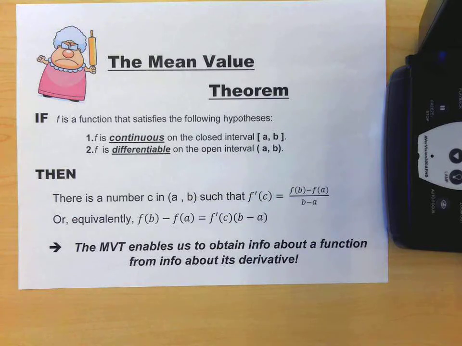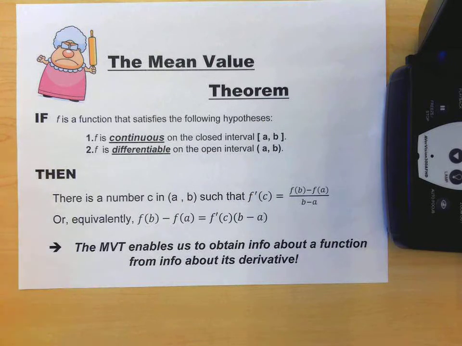The hypothesis is if f is a function that is continuous on the closed interval [a, b] and differentiable on the open interval (a, b), then the conclusion is that there's a number c somewhere on the interval (a, b) such that the first derivative at c is equal to the slope of the line that we draw between those two endpoints from a to b.